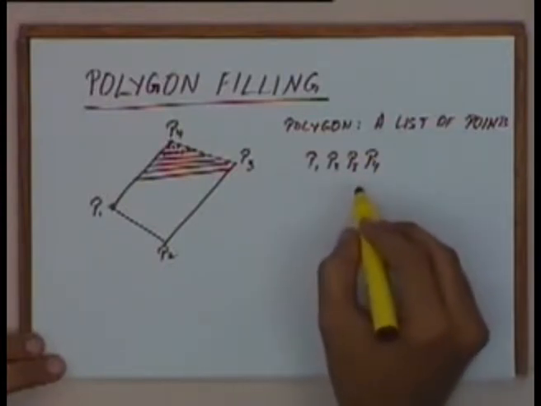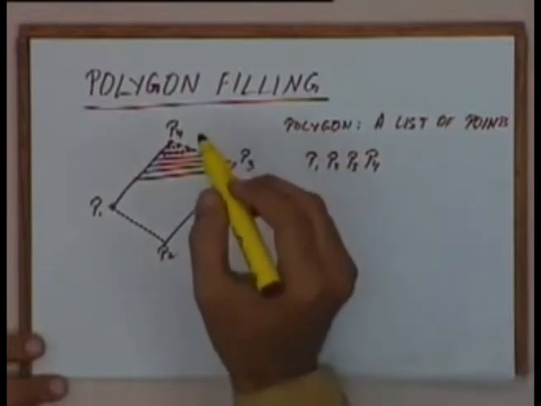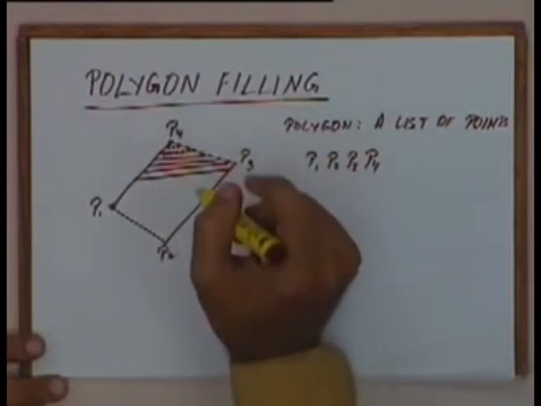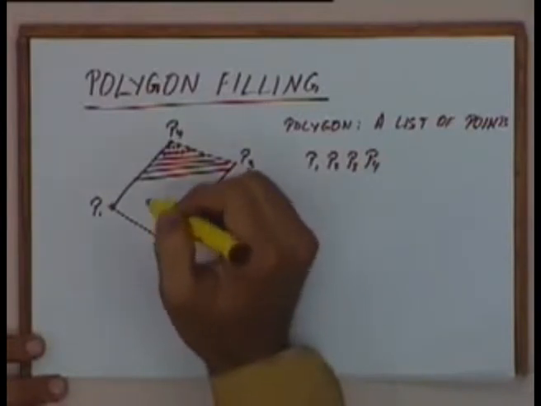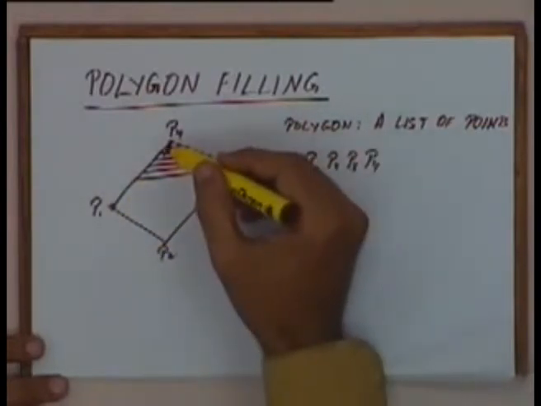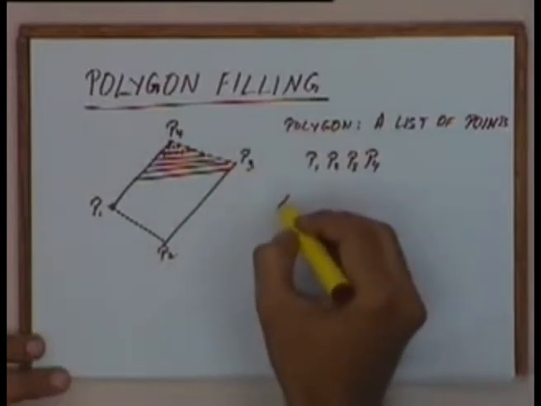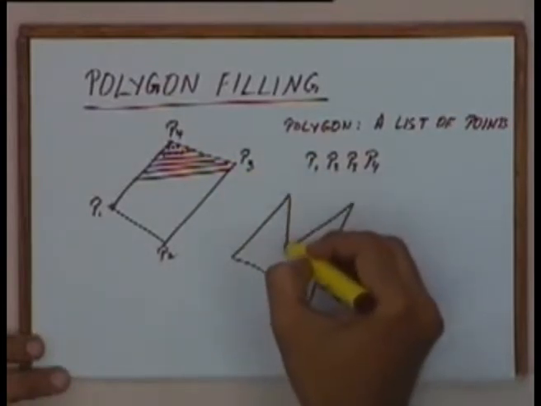Okay, so if you have a list of points, then a polygon filling algorithm will highlight all the points which are inside the polygon. The polygon need not be a simple convex polygon like this. It can also be a concave polygon like this.